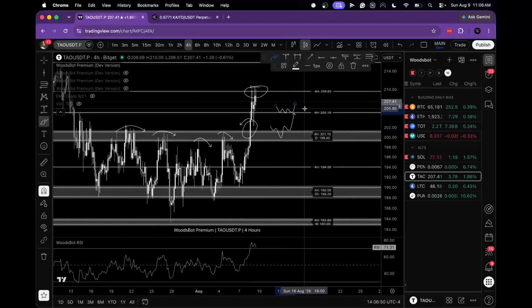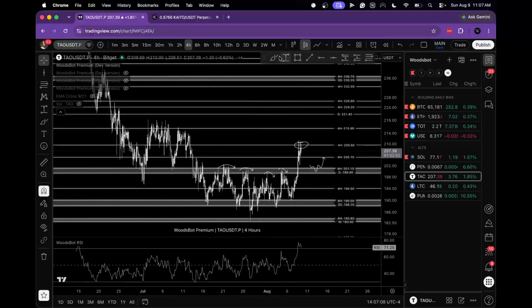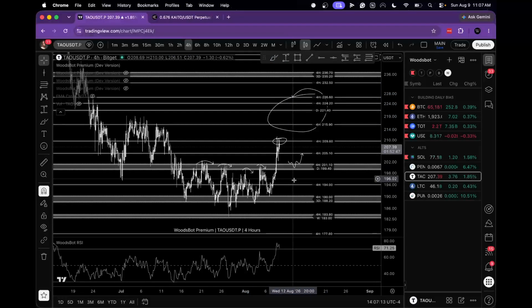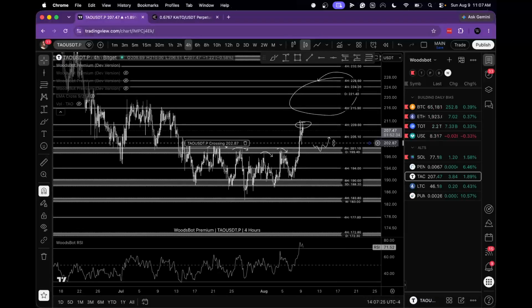So I'll set my alerts and wait for price to get to these points whenever that is. We kind of already retested this level, so ideally I would want the retest of this level. A closure above indicates we've now broken out of this range. We're most likely going to trend up here over time, unless we deviate and go back in. So I now have a directional bias and I can just set alerts and wait for price action to get to this retest here.